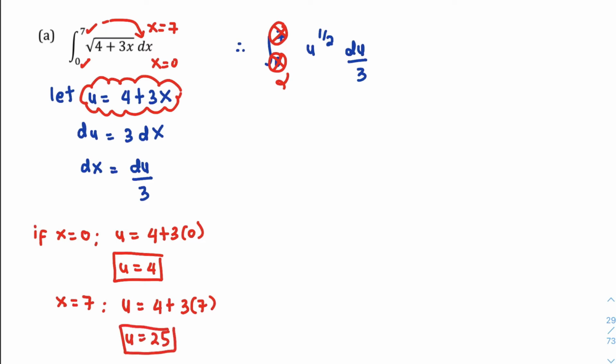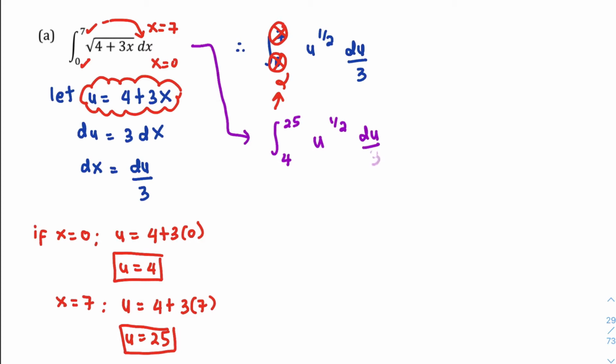Then you can substitute into this, which gives a new limit: from 4 to 25 of u to the power of half du over 3.